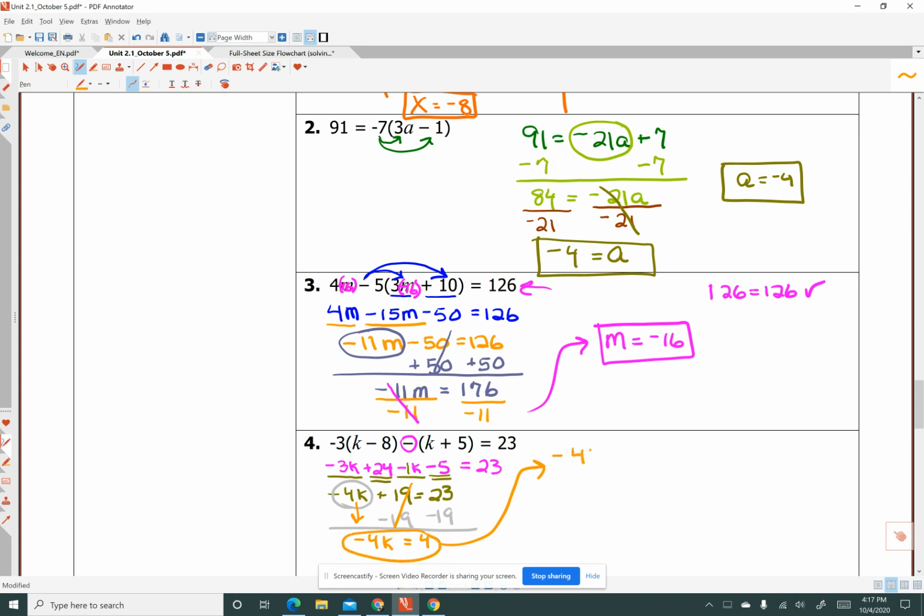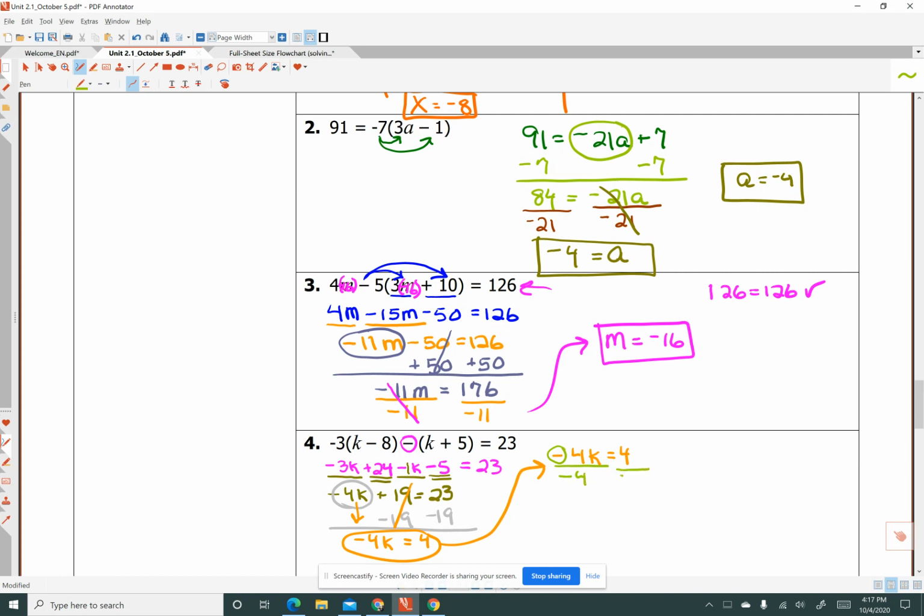Negative 4k equals 4. Students, you see that when we ask the question, what is happening to k, it's easy to see that k is being multiplied by negative 4. Remember, please, to include the negative in this term. So when we divide, it's not just by 4, it's by negative 4.